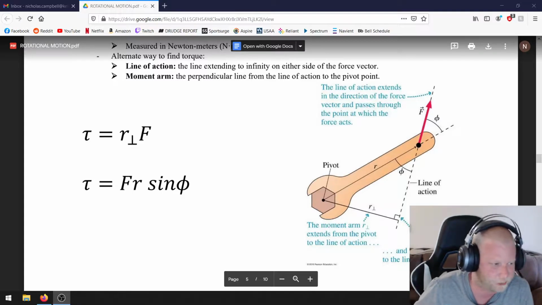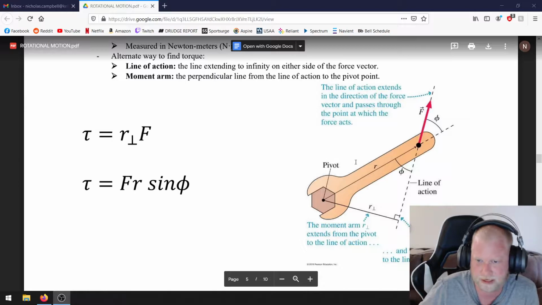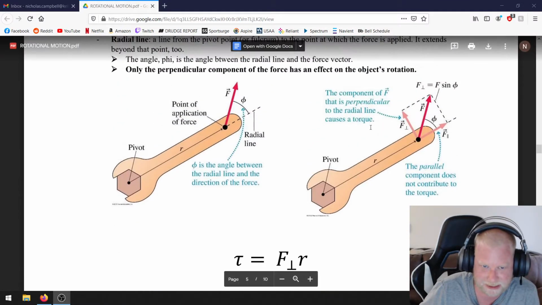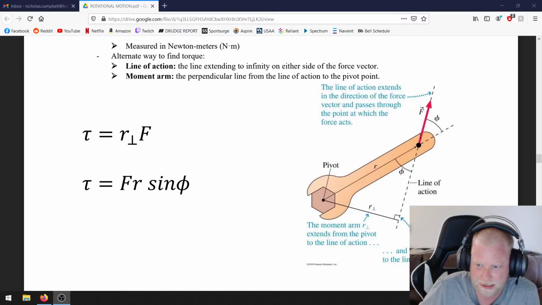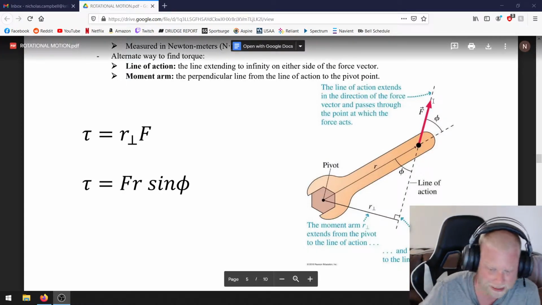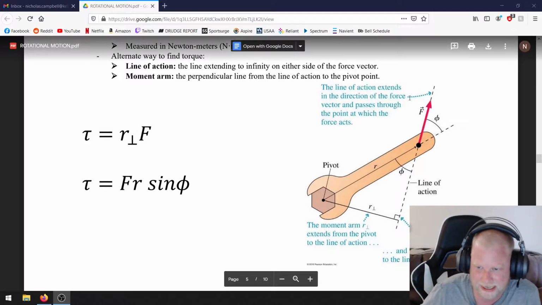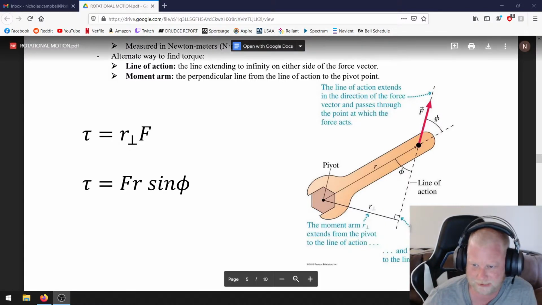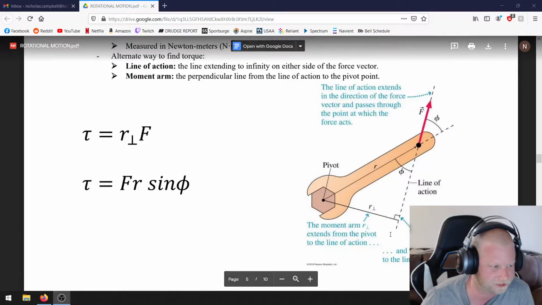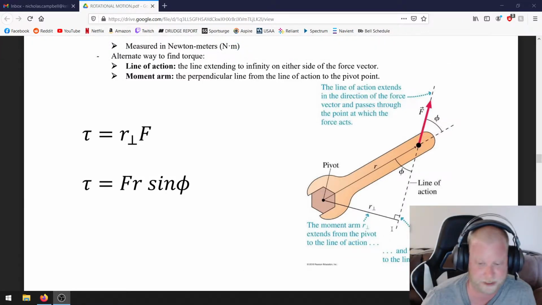Now the secondary way we can find torque is if we do what we call line of action. So if we're looking at that same image as we did up here, a line of action means that we extend that force vector on either side to infinity, right? So you just take yourself a ruler and you expand that vector on either side to infinity.